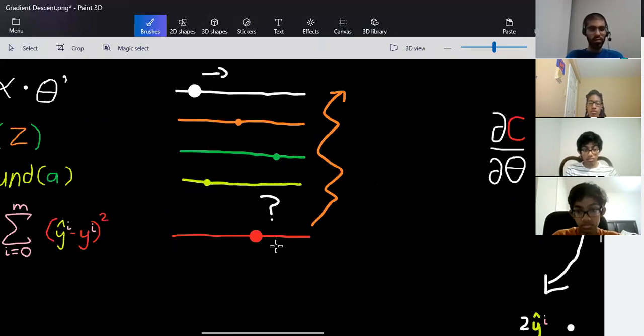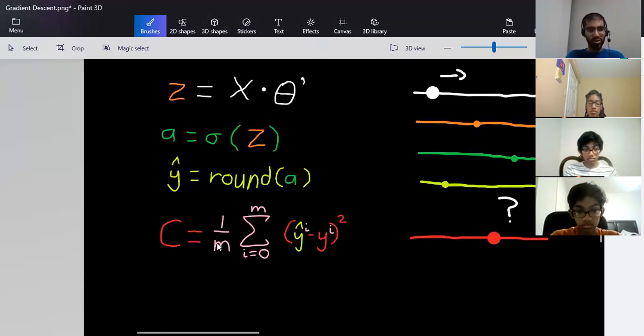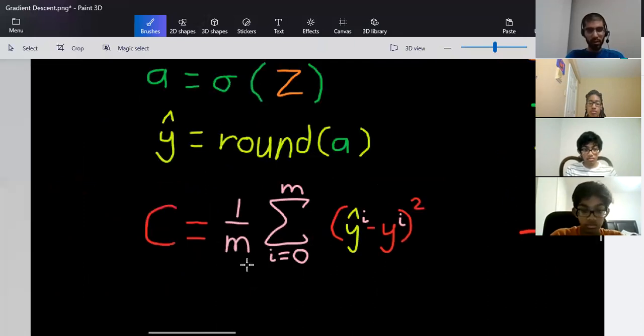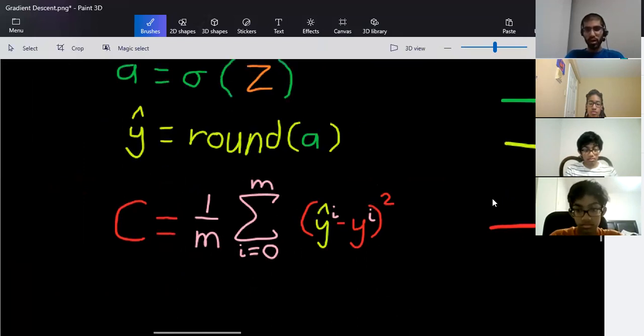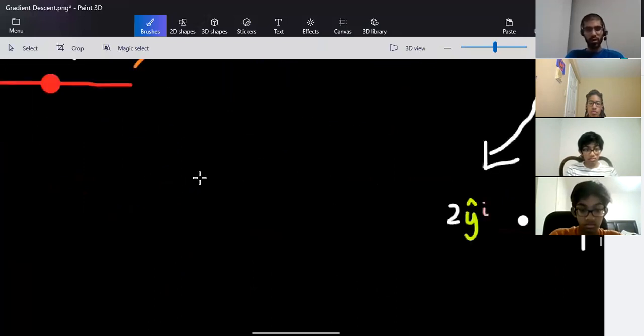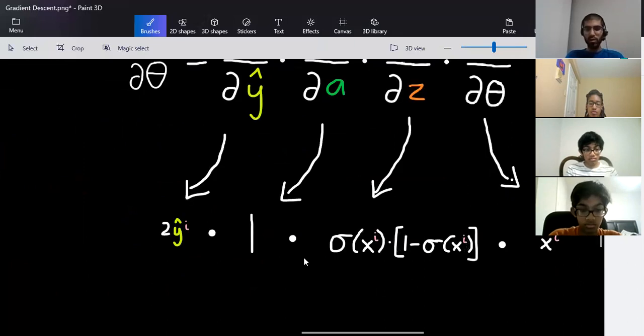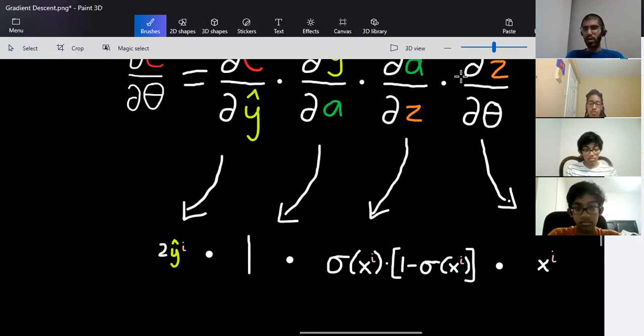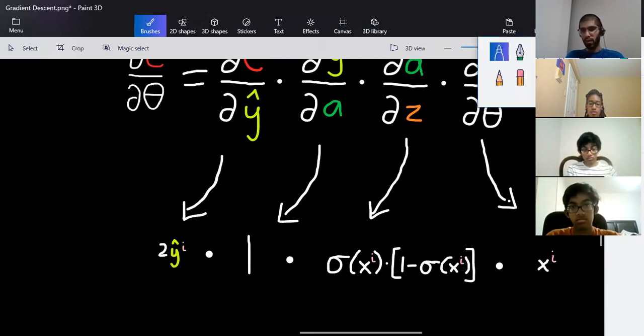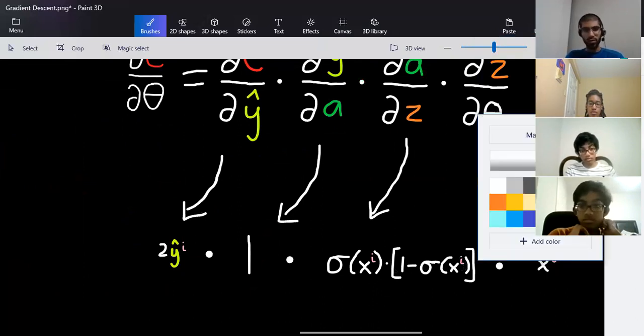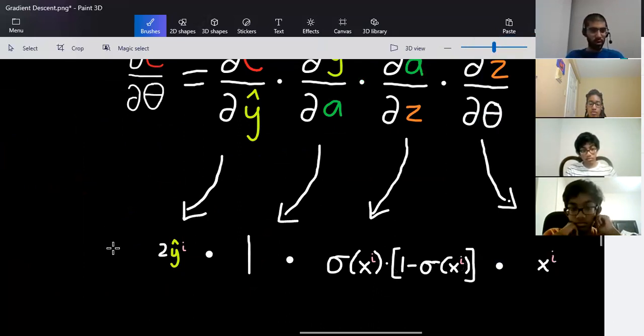One thing, just a small thing to notice before I get to the questions. Over here, the cost is being summed across all of the examples. And here what I noted was the derivatives for each example. So at the end here, we're just gonna sum across all of these values. So put a big group of square brackets here.